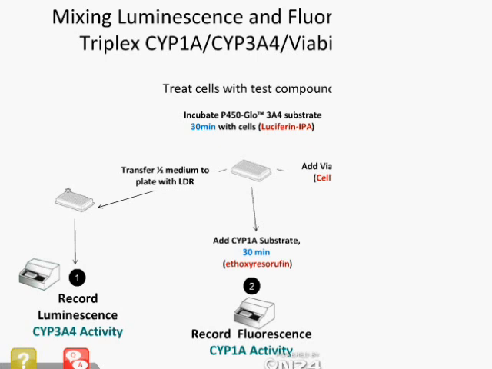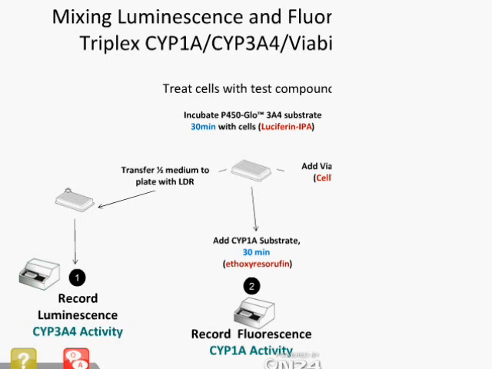Fluorescence is directly proportional here to the amount of CYP1A activity present in the well. And then lastly, as described previously, you can quantify the number of viable cells in the well by adding CellTiter-Glo directly to the cells left in culture.